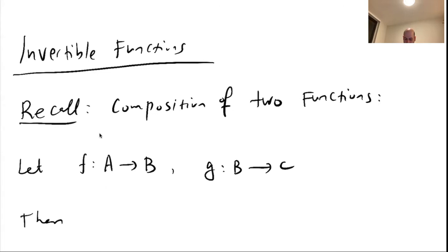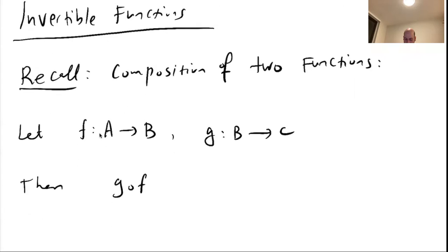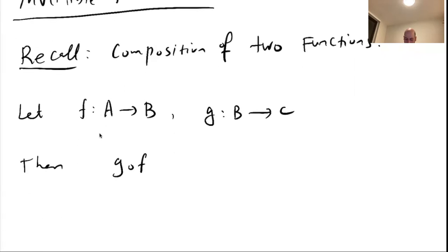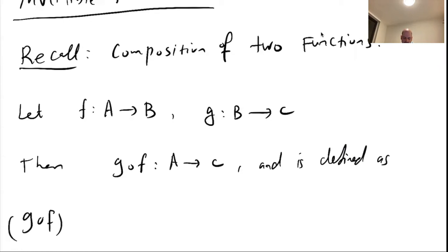Then g of f will be from A to C, and is defined as g of f of x is defined as g of f of x.